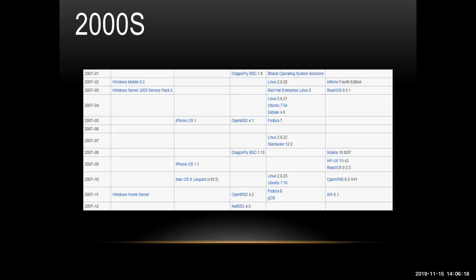Now for May of 2007, we had iPhone OS 1 and OpenBSD 4.1 and Fedora 7. For July, we had Linux 2.6.22 and Slackware 12.0.